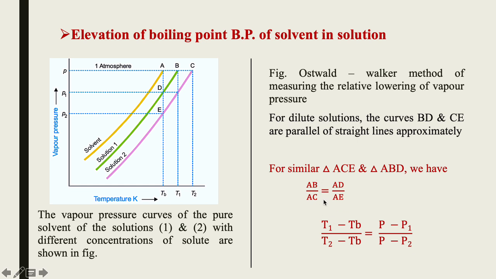From this you get T1 minus TB divided by T2 minus TB, and AD can be represented as P minus P1, because this distance is equivalent to P minus P1, and the AE distance is P minus P2. So from the graph you get this equation.